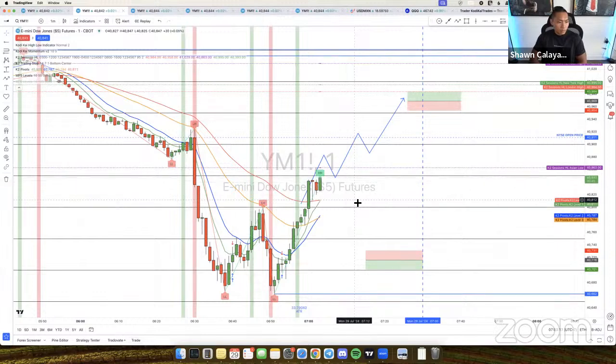All right, so looking at price right here as it pushes up to the sessions, guys, there's a lot of sell orders waiting up there, so I'm expecting a bounce back down. I'm expecting price to push up and then possibly push back down once it gets to the sessions right here.